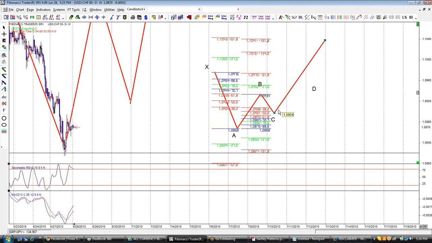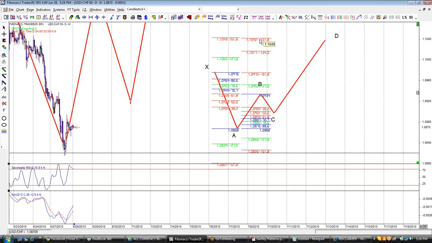And a lot of times we'll see this CV leg very, very long compared to the AB leg. What we see in this case is price convergence here between those two fibs, 1618 and 2618.